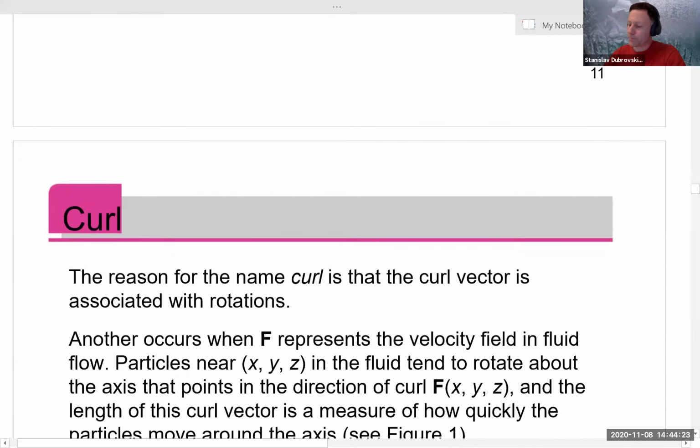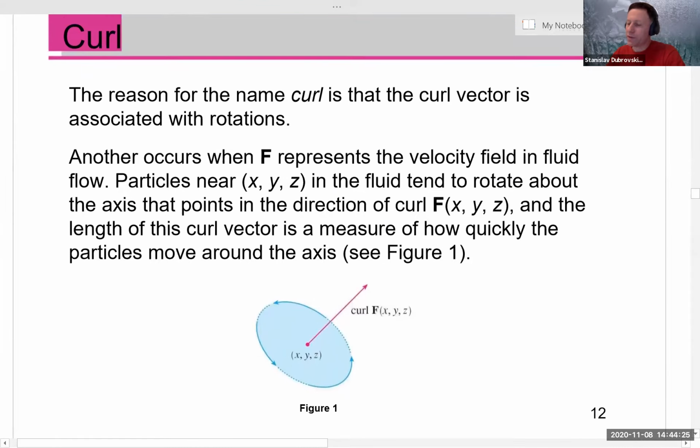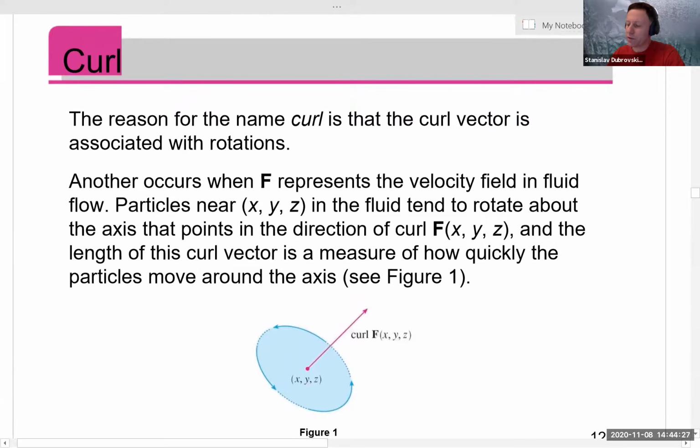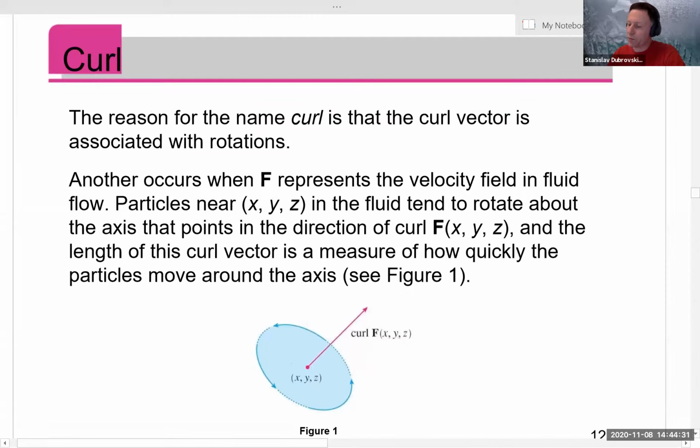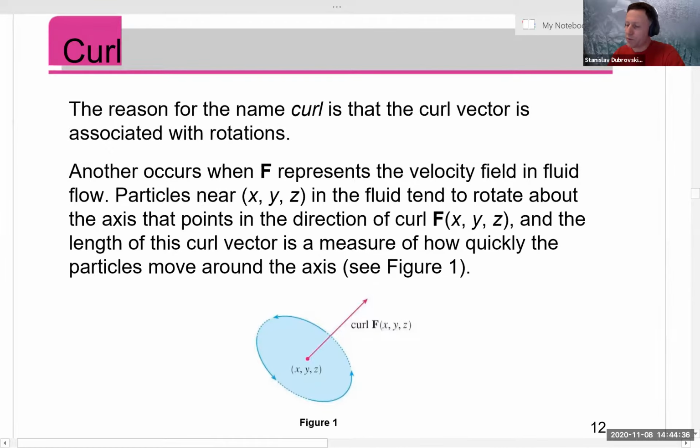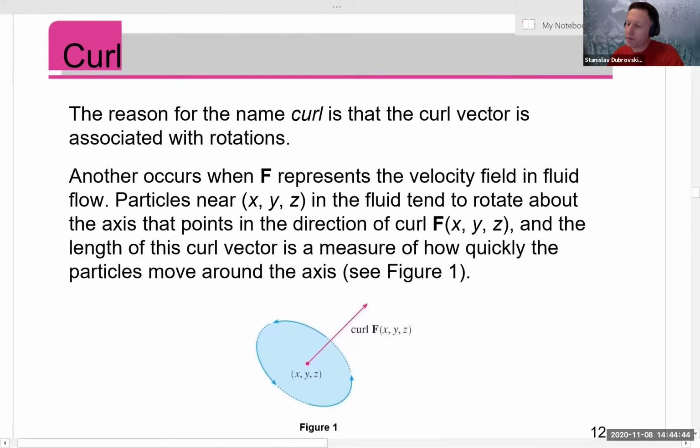Okay. So here's a quick physics interpretation without going deep into it. We'll understand it after we formulate the corresponding theorem, which is an analog of the fundamental theorem of calculus for double integrals.